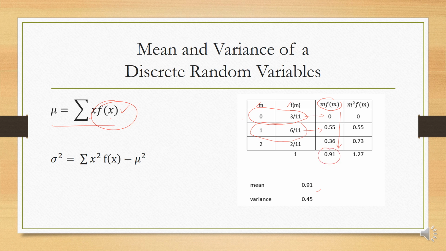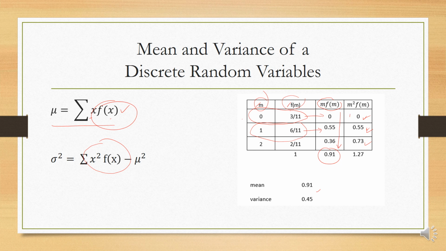And for the variance, sa fourth column, ito yun, kukunin natin yung summation ng x square f of x, this time using m as our variable, m square times f of m. So, etong mga to nakuha by squaring muna yung m and then multiplying it sa f of m. So, I think you have the idea now how to get yung mga ganitong per row na computations dahil dun sa ating nakaraan na discussion sa frequency distribution.